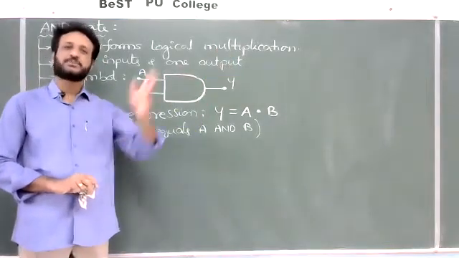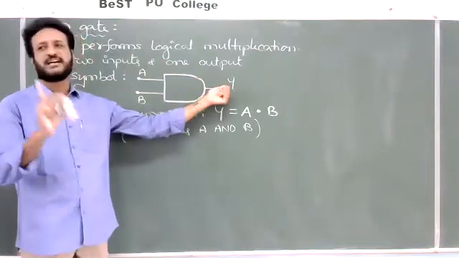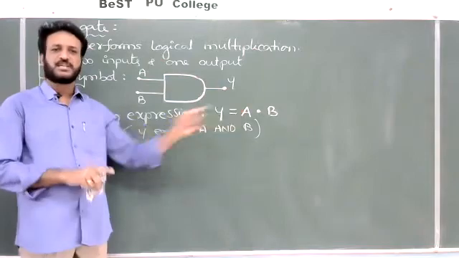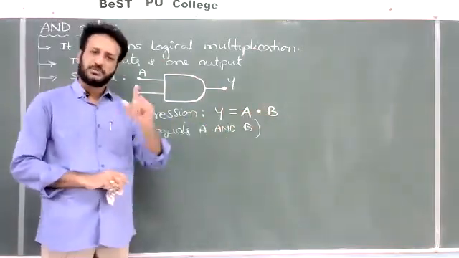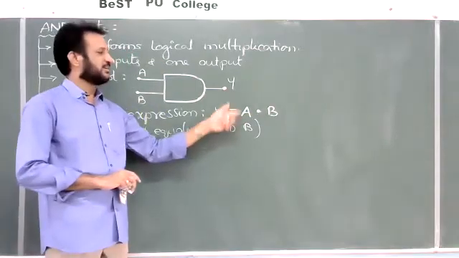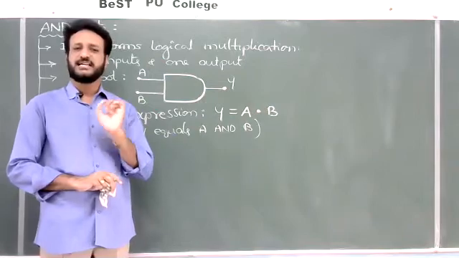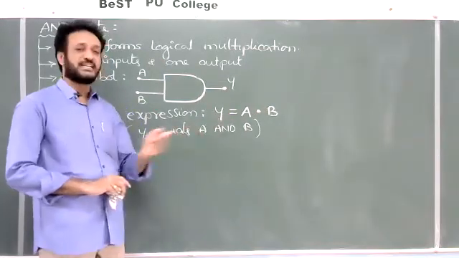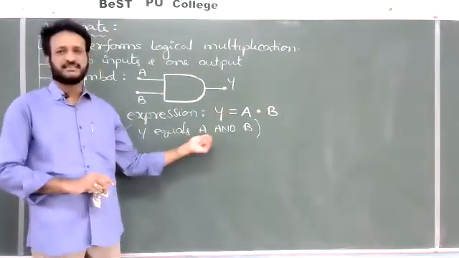Whenever A and B both are high, then only output is high. If A is low, B is low, then output is also low. A is low, B is high, but output is low. When do we get output high? Only one condition, when both A and B are high. That's why we are using the word and.